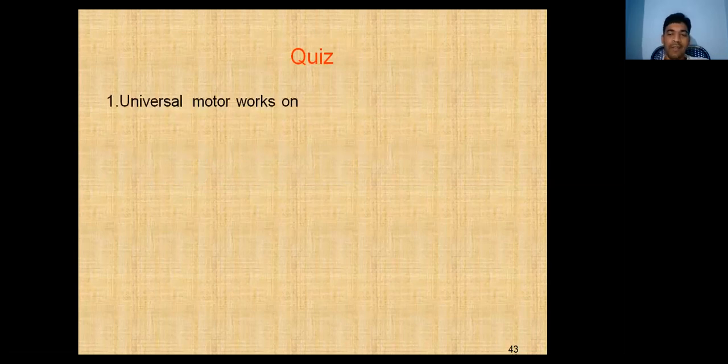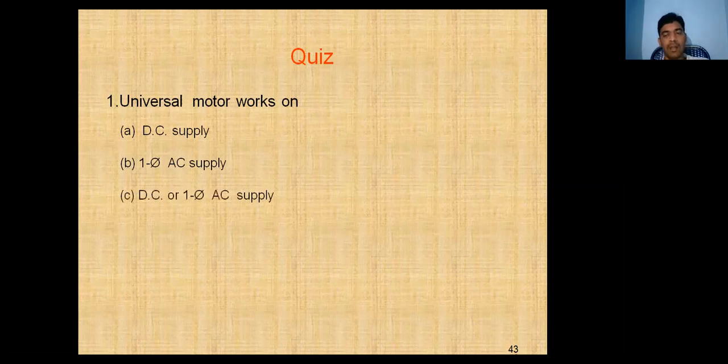Coming to the quiz. A universal motor works on: option A, DC supply. Yes, it can work. Option B, AC supply, single phase AC supply. Yes, it can. Option C, DC or single phase AC supply.